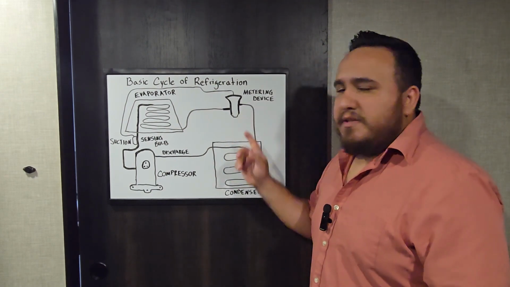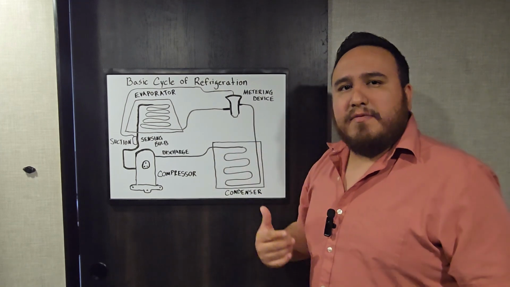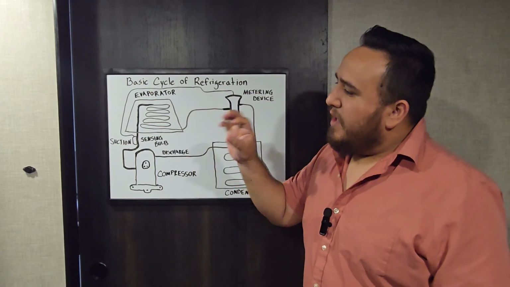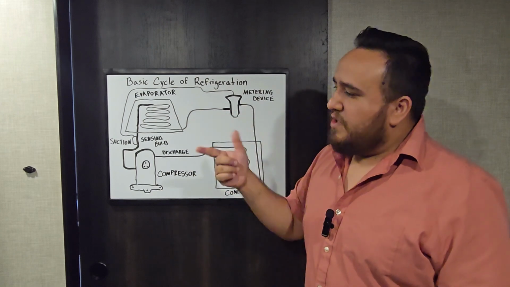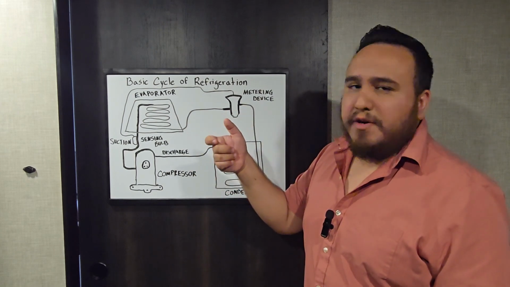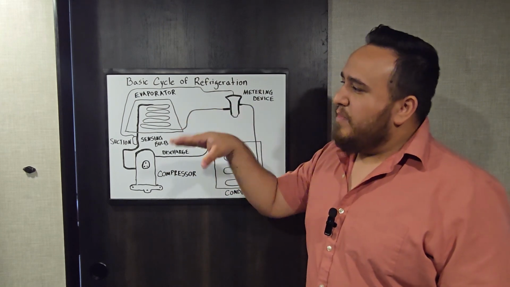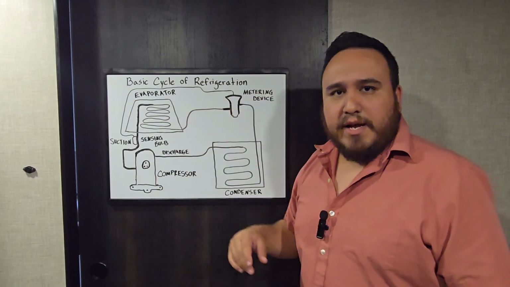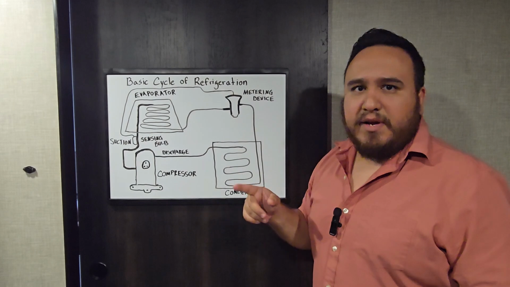So my metering device, think of maybe like a spray bottle. You know how when you spray, it mists out? Just imagine you squeezing that trigger and you have a continuous mist, just continuing to spray over and over again. That's what my metering device does.